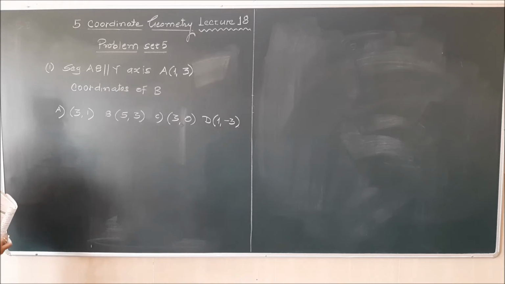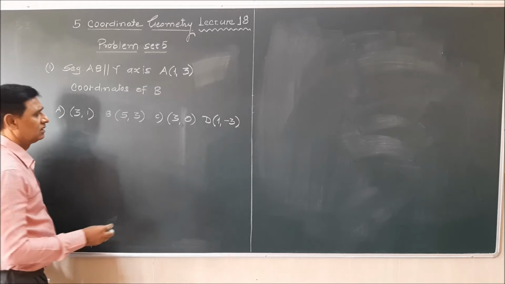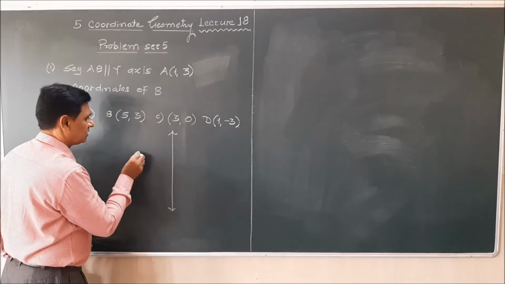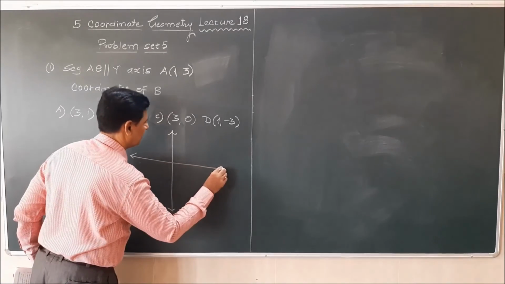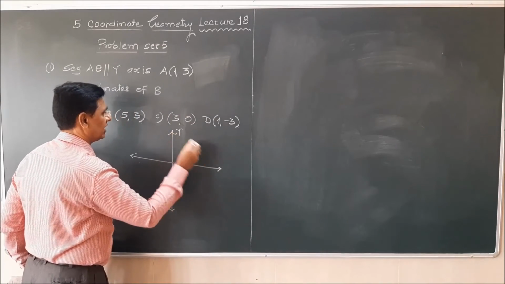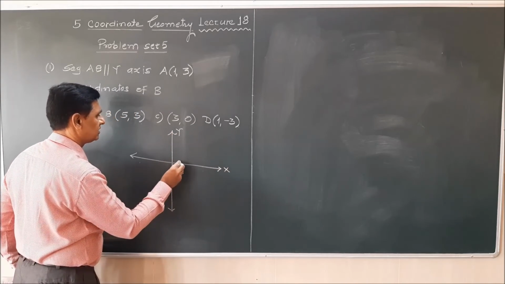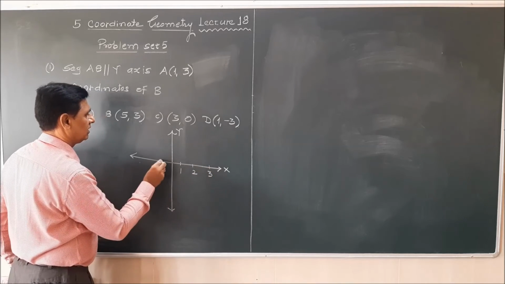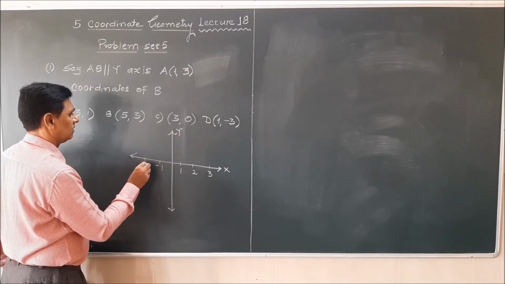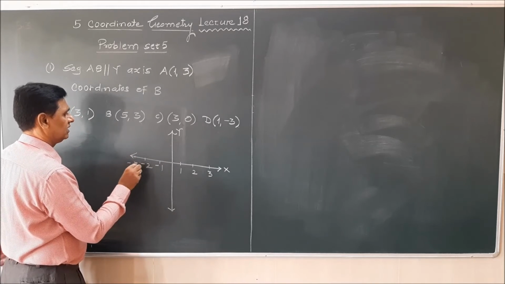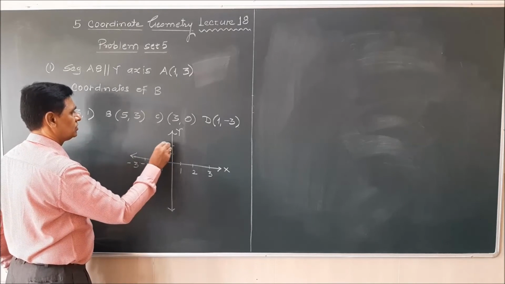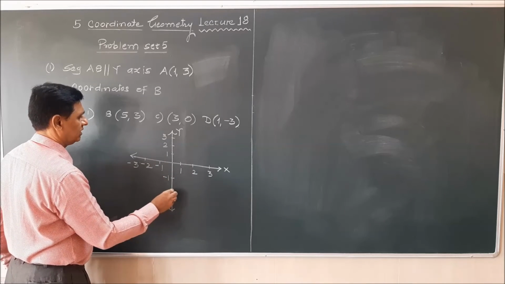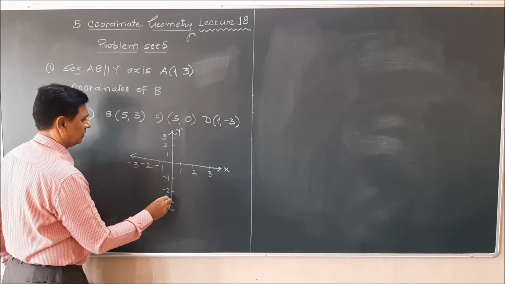Now, if I draw a tentative figure, supposing I take this as the y-axis and this as the x-axis, with points 1, 2, 3, and in this case -1, -2, -3, and here also -1, -2, -3.